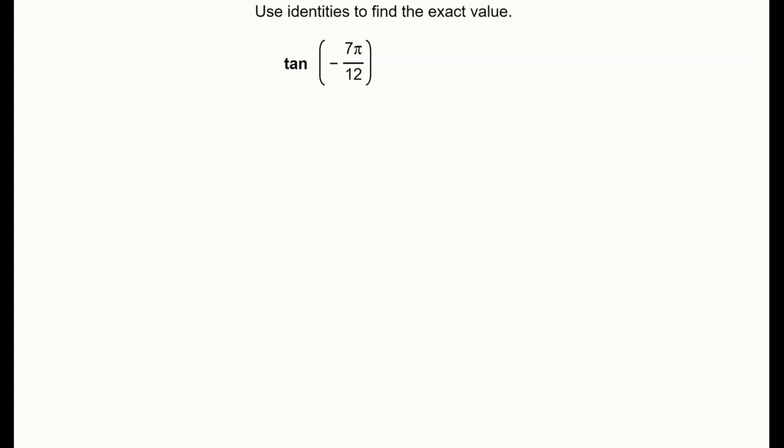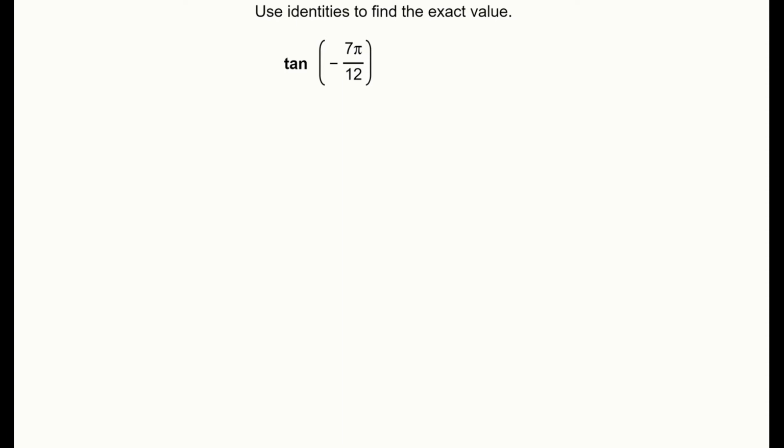Okay, so here we have an expression we want to evaluate involving tangent, and we're going to try to use the same kind of trick to try to write negative 7 pi over 12 in a more familiar fashion. If I could deal with 7 pi over 12 instead of negative 7 pi over 12, that would be easier.